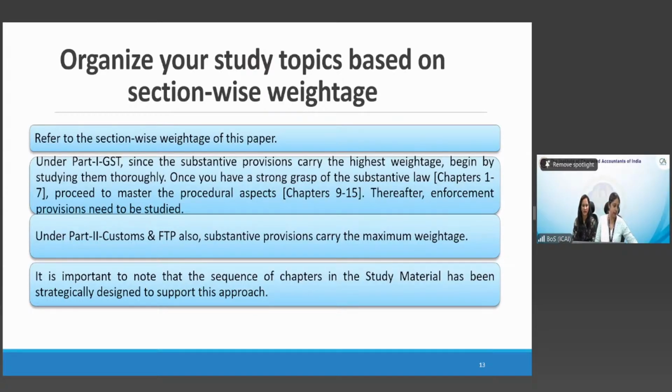So once you are thorough with the substantive aspects of GST, then only you will be able to appreciate the procedural and then enforcement provisions of GST law. Then under Part 2, also substantive provisions carry the maximum weightage. So the sequence of the chapters is also designed to support this approach, right?